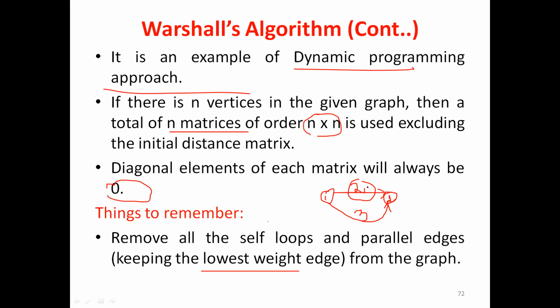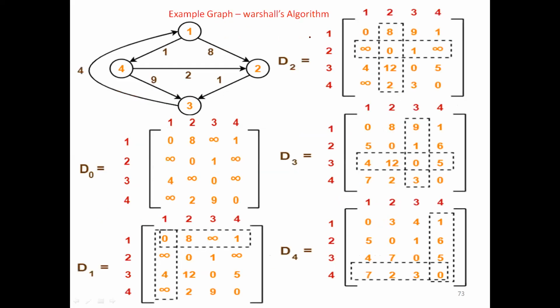I am going to consider an adjacency matrix for this. So the matrix will be n by n. If you have 2 vertices in a graph, it will be a 2 cross 2 matrix. Let us take this example. It is a directed weighted graph.